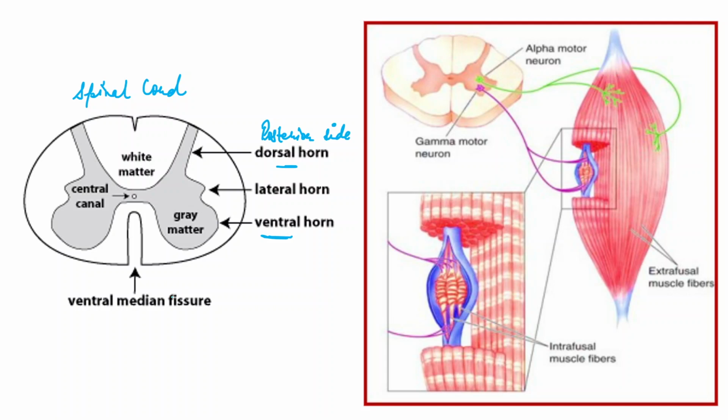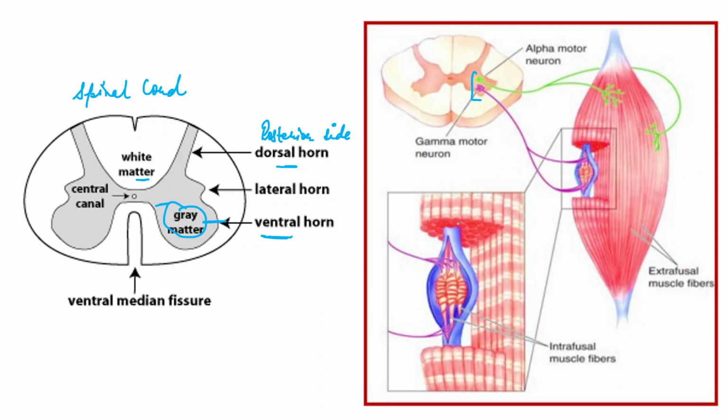All right. So here you can see the location of the white matter, the gray matter, etc. Here in the ventral horn, as you can see, there are two different kinds of motor neurons: the alpha motor neuron and the gamma motor neuron.